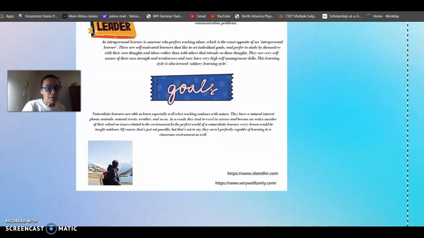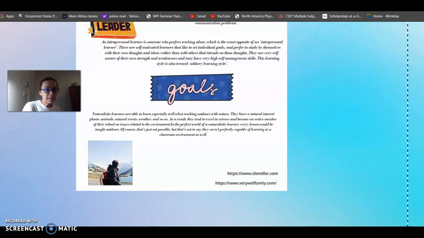Now, intrapersonal, they're goal oriented. They are very self aware of their strengths and weaknesses, and they are highly self-managed, goal oriented with their skills. They do most of their learning by themselves. They prefer to read and learn solo rather than in groups.